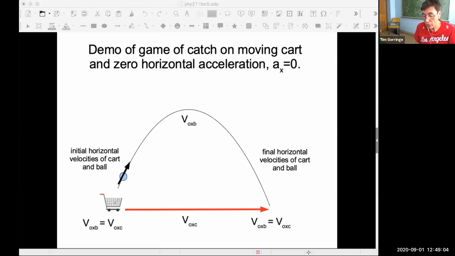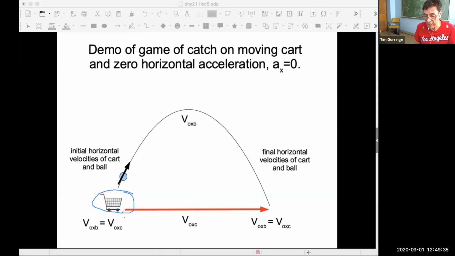What we're going to do is we've got a cart in which there's a ball, a projectile. And I'm going to eject the ball from the cart as it's moving. The ball, when it's ejected from the cart, carries the same horizontal velocity as the cart carries when it released the ball.